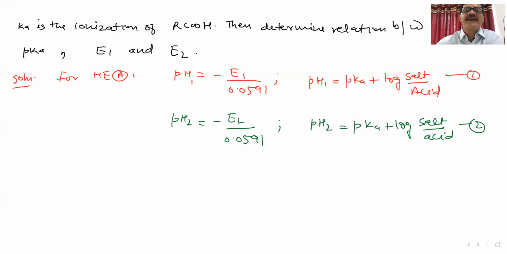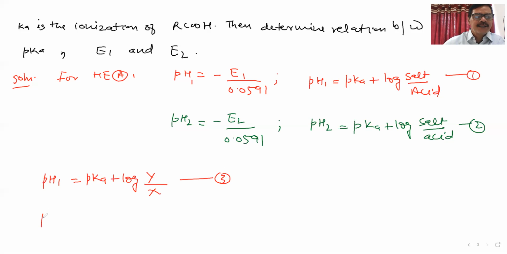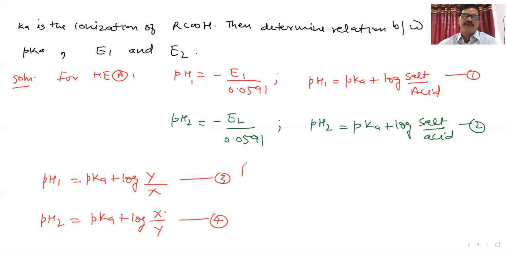So here we will get pH1 equals to pKa plus log concentration of salt is Y in the first cell, concentration of acid is X. Equation 3, pH2 is equals to what? pKa plus log X upon Y. Equation 4.